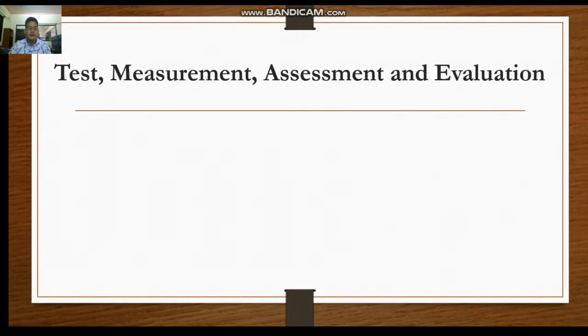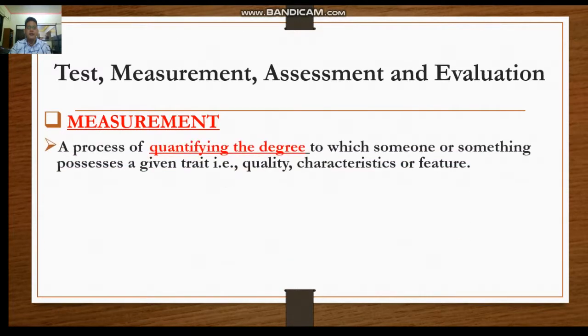Okay? The next term that we have is measurement. So what is measurement? A process of quantifying the degree. When we say quantifying, we talk about numbers. Again, measurement is a process of quantifying the degree to which someone or something possesses a given trait, okay?